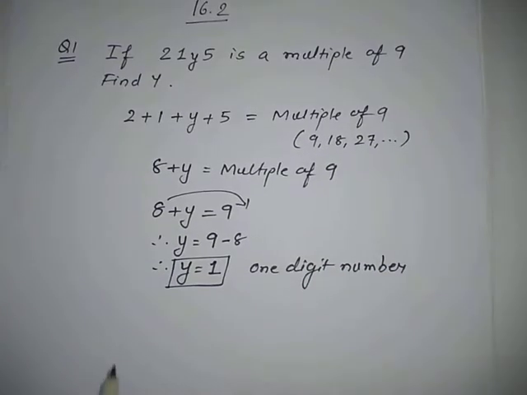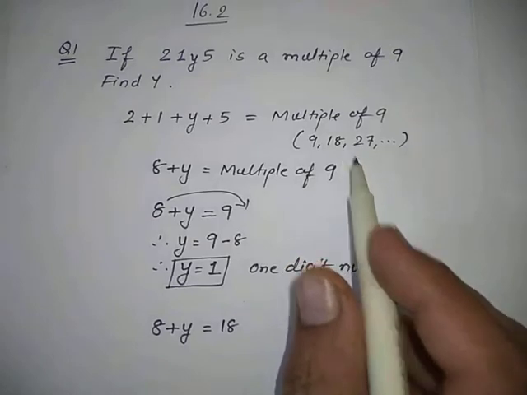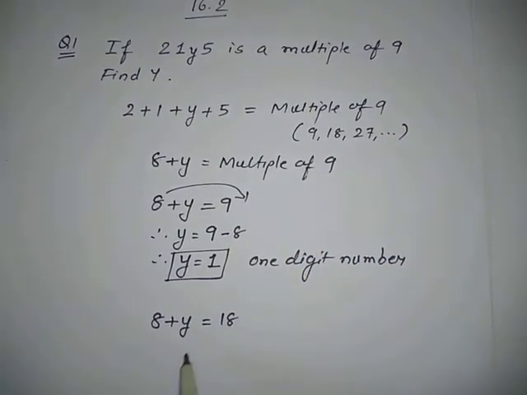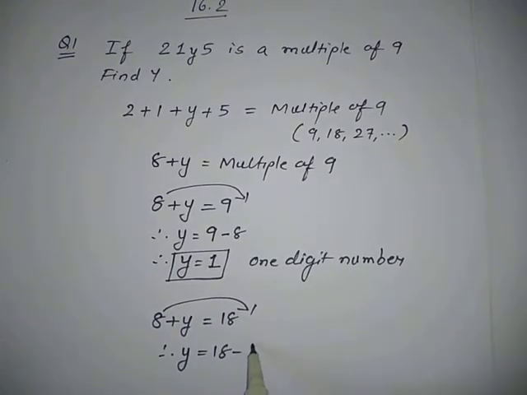Secondly, if we take y plus 8 as 18, the second multiple, it is also a multiple of 9. So y is equal to 18 minus 8, and the value of y will be 10.